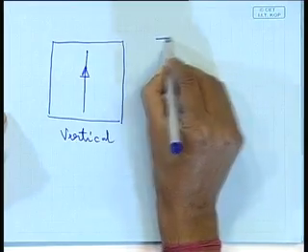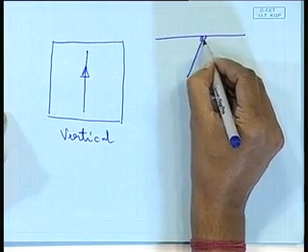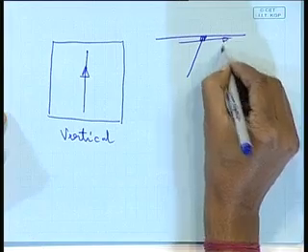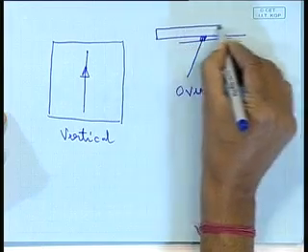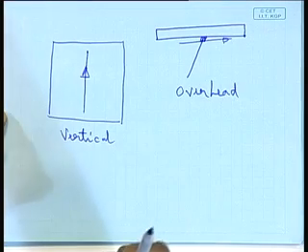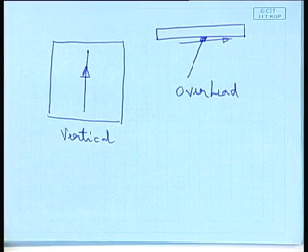And the worst is overhead, right, and you are doing the welding, this is overhead. That means taking the electrode and doing the welding overhead. So this is the worst. Metal transfer is taking place against the force of gravity.